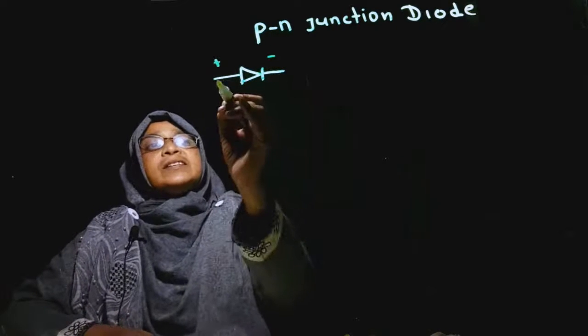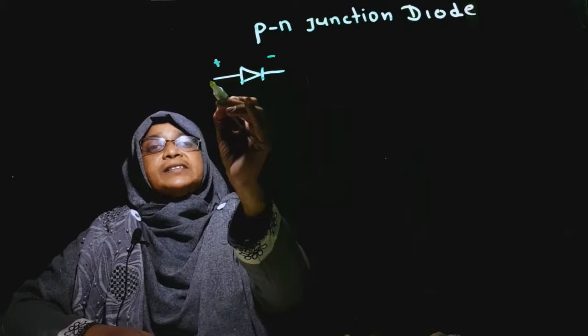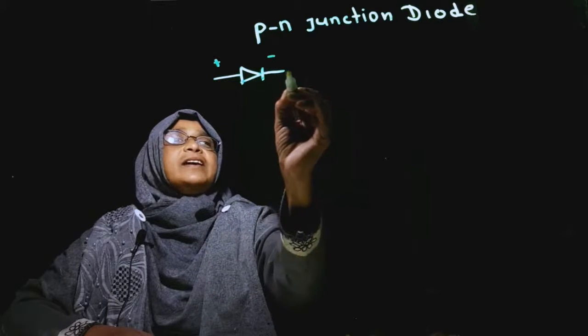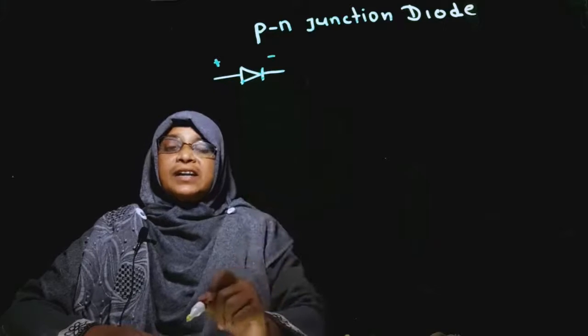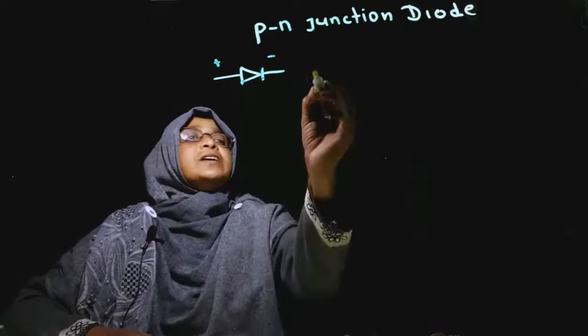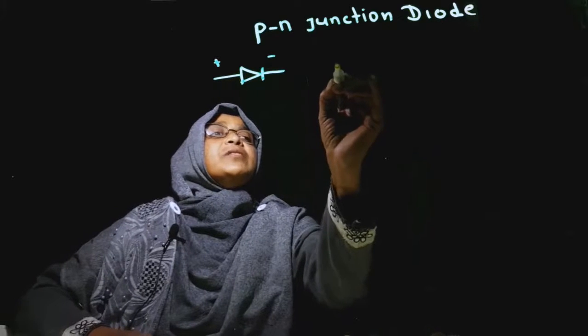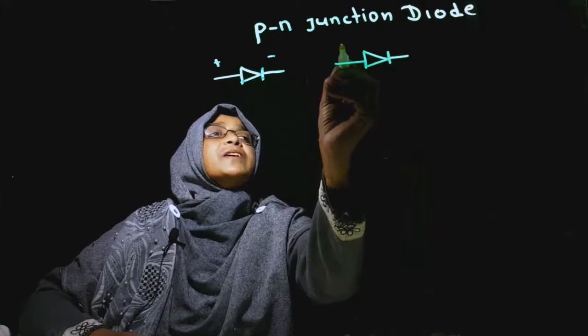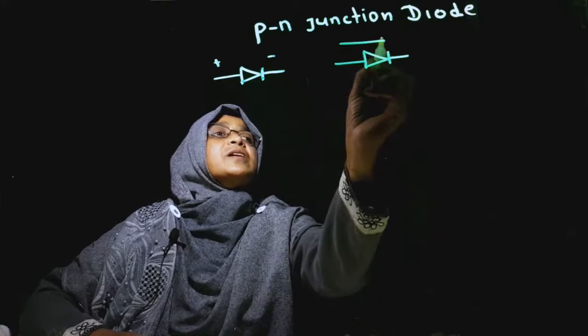So, this side is connected to the positive potential and this side is connected to the negative potential. So, the direction of current flow can be shown like this.